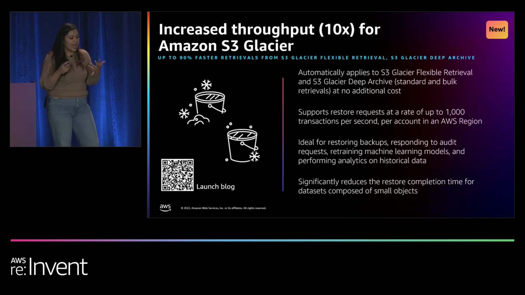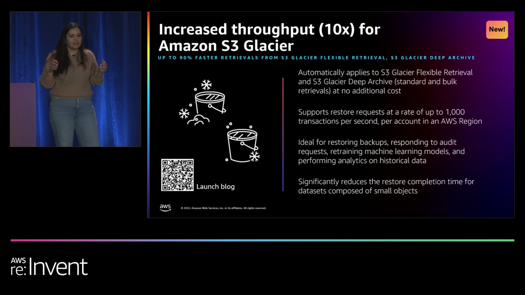And we are really happy to announce that Glacier now improves the restore throughput by up to 10x when you are retrieving large volumes of data. And this increased throughput applies to Amazon S3 Glacier Flexible Retrieval and Amazon S3 Glacier Deep Archive for standard and bulk retrieval. It is available at no additional cost.